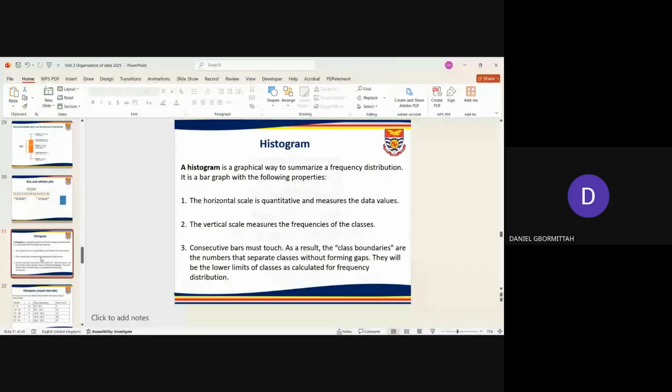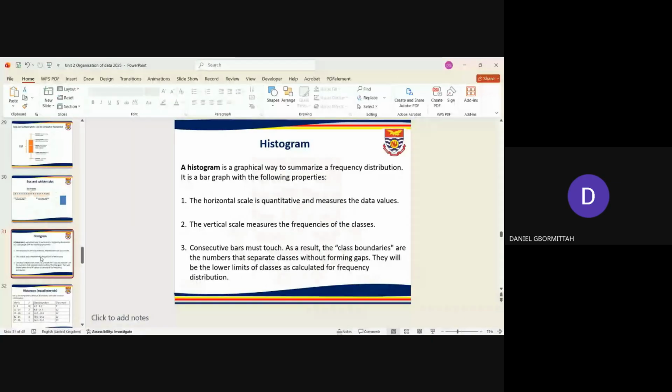So the next graph that we want to use to summarize or organize our data is the histogram. The histogram is similar to the bar graph, just that in the histogram we don't have spaces between the bars. The horizontal scale is quantitative and measures the data values.